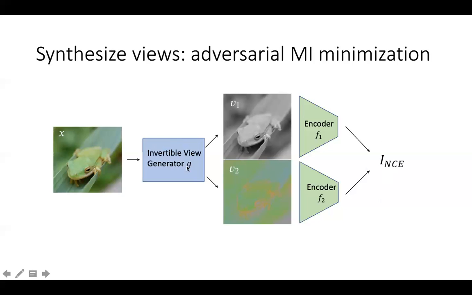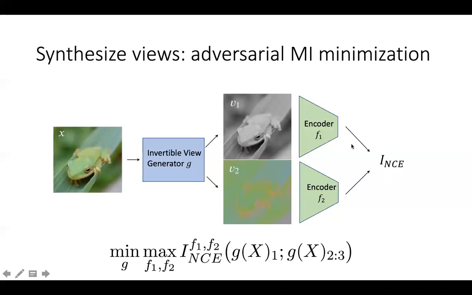It's trying to generate views such that these views minimize this bound. So this is an adversarial game between them. It's just a minimax game. In that way, we hope that finally we can generate some views via the view generator such that the mutual information between the two views can be reduced.